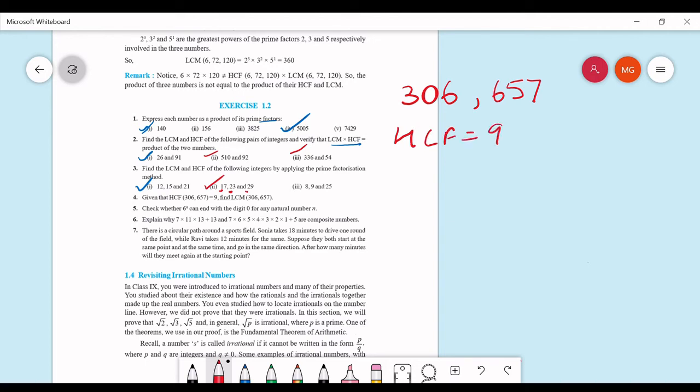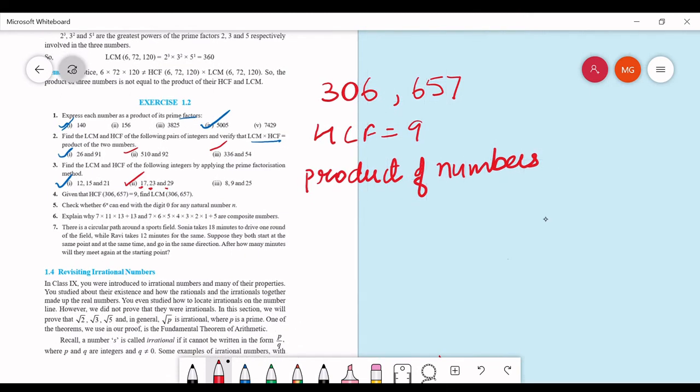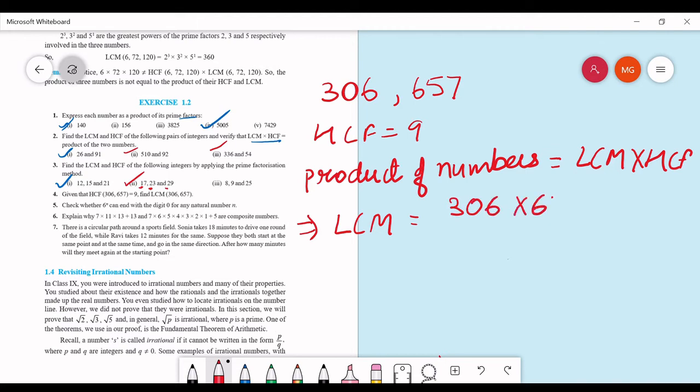So you know that the product of the two numbers is equal to LCM multiplied by HCF. So clearly you will be getting your LCM is equal to the product of numbers divided by HCF. Product of numbers is 306 multiplied by 657 divided by 9, right?